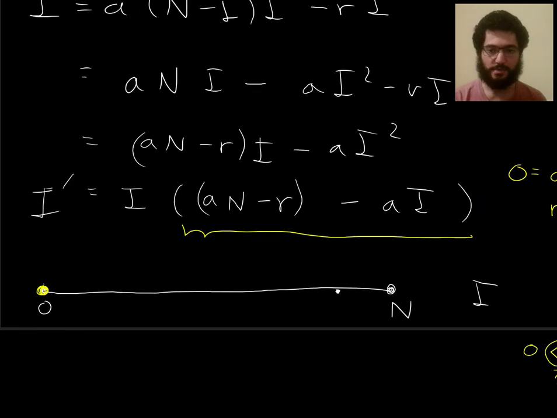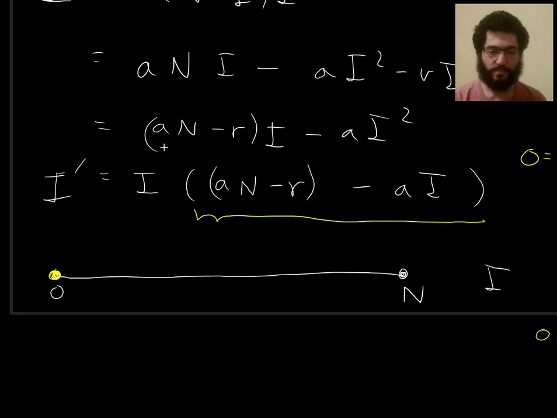So going back here, it's possible that it's something less than N. So what was it? N minus r over a. It's possible that it's here, that it's less than N and greater than 0. It's also possible that it be over there somewhere, like less than 0, off of the line segment of reasonable values.